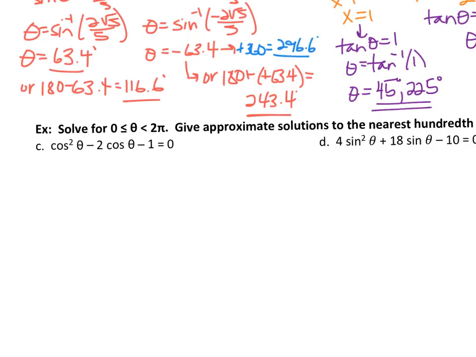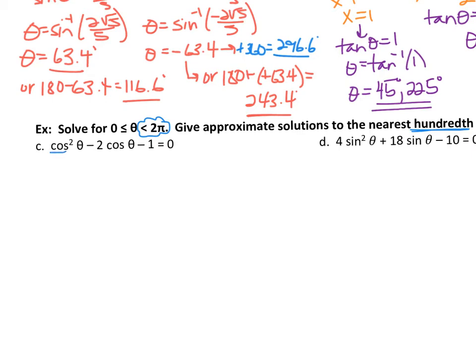When dealing with radians, it's the same process. Just remember to put your calculator in radian mode and recognize that you'll round to the nearest hundredth. So in radian mode, we're rounding to the nearest hundredth. For this first example, this is actually from your worksheet from 7.3 day 2. Cosine squared theta minus 2 cosine theta minus 1 equals 0.